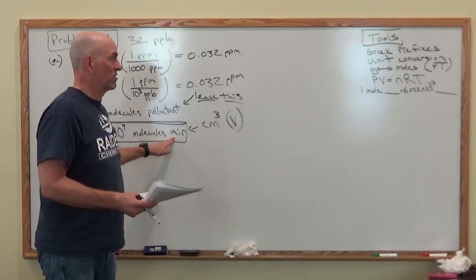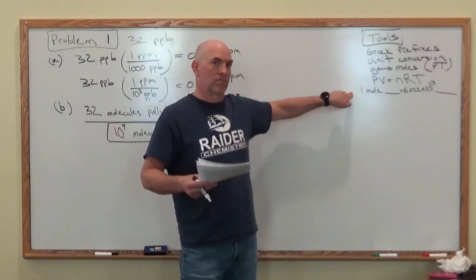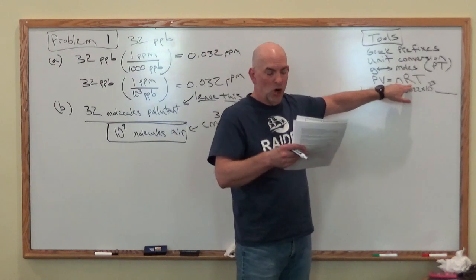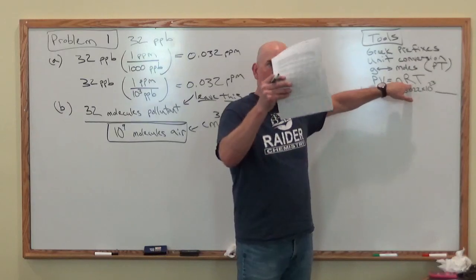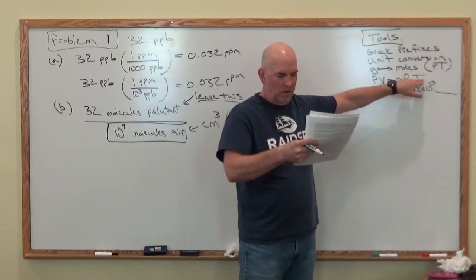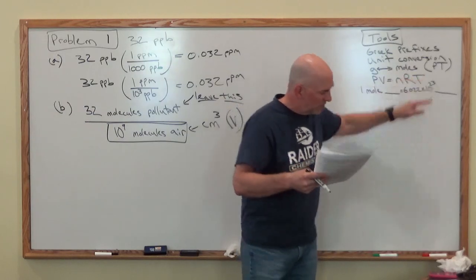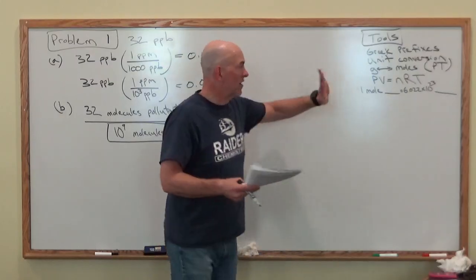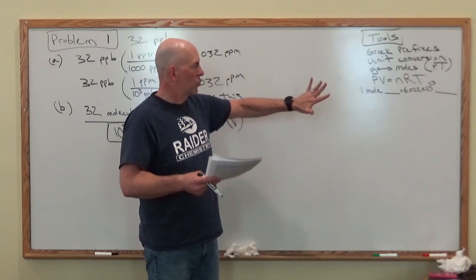No, we've got molecules of air, but we can convert that to moles, can't we? R is a constant, 0.08206 liters times atmospheres over Kelvin times mole, and the temperature is 25 degrees Celsius, which is 298 Kelvin. So if you want to stop the video, we're good to go here.